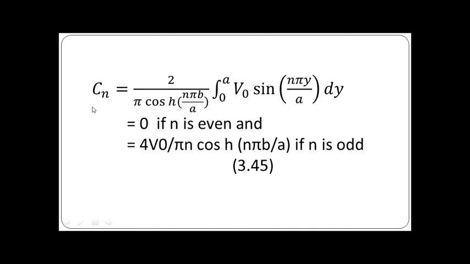And hence the value of Cn is 0 if n is even, and here this constant is multiplied by 2 upon n. So 2 into 2 is 4, and this comes out to be 4V0 upon pi n cosh n pi b upon a, where n is odd.